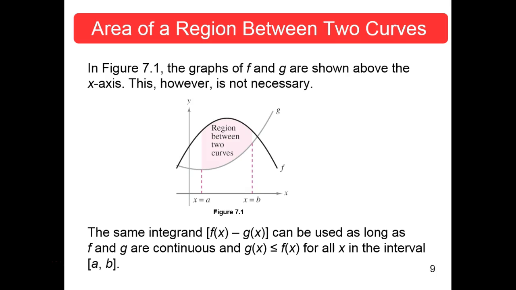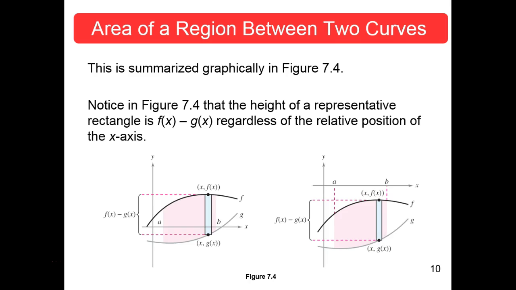If you had this curve and you scooted it down here, so g was sometimes negative, you're still measuring that difference here. That's a positive value, so that's no longer necessary. The same integrand, f minus g, can be used as long as f and g are continuous. One thing: g of x is always less than f of x for all x in the interval a to b. So part of this could be below the x-axis, both of them can be below.